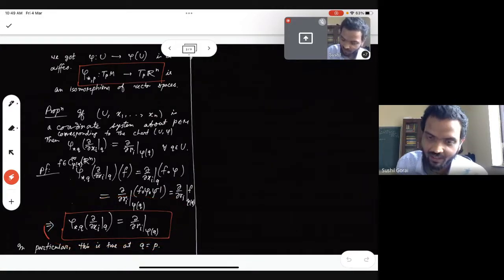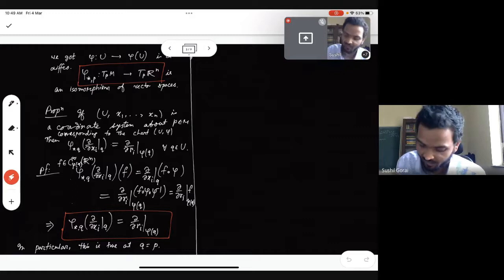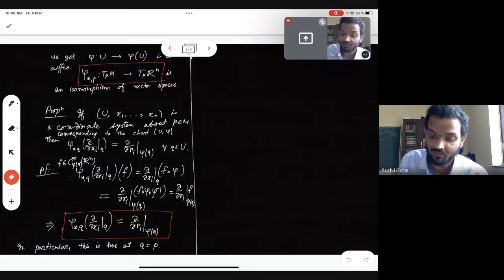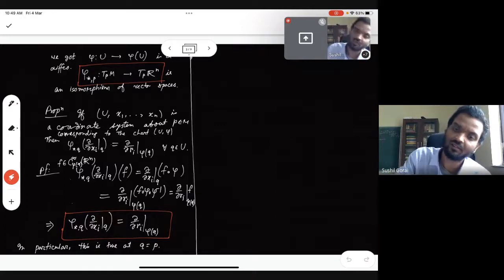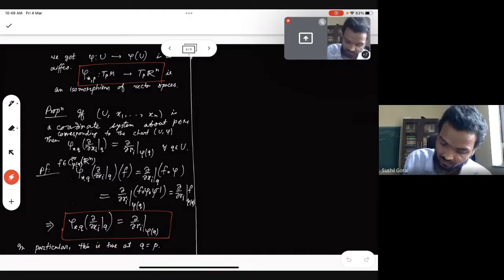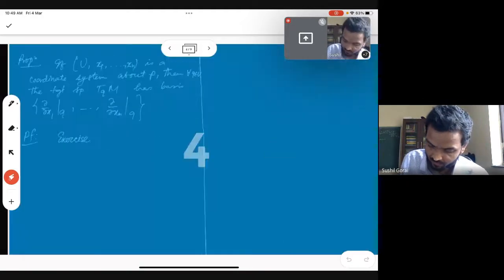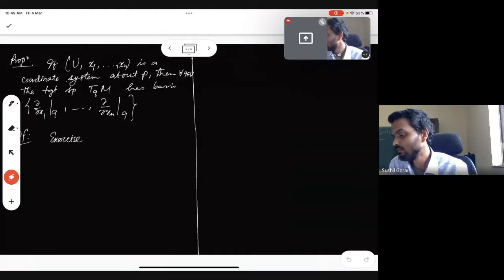So del by del ri, i varies from 1 to n, gives a basis of T at phi q of Rn. Now we have an isomorphism, so you get a basis on that side also. All right. Any question here?